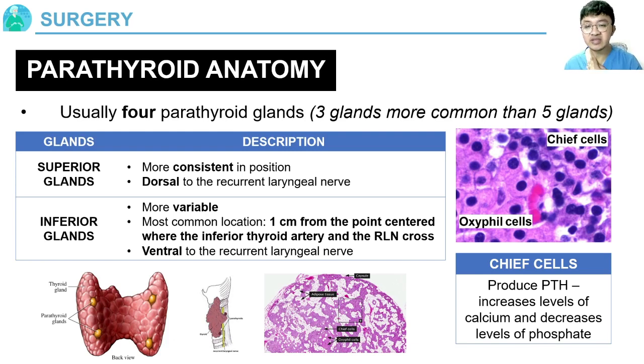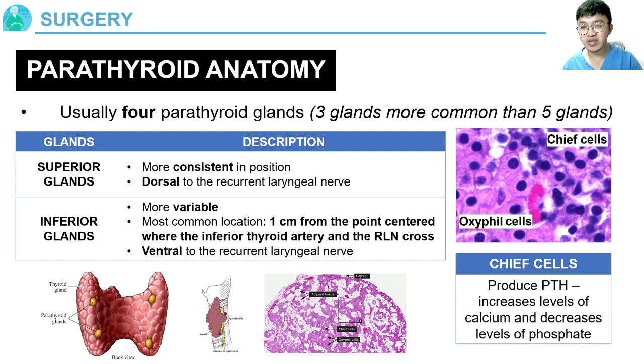Okay? So for your parathyroid, you have 2 types of cells: your chief cells and your oxyphil cells. It's your chief cells which are functional and oxyphil cells which are more supportive. Chief cells produce your PTH or parathyroid hormone, which increases levels of calcium and decreases levels of phosphate. Your chief cells work antagonistically with your parafollicular C cells, which produce your calcitonin.